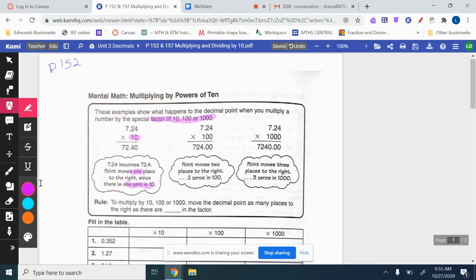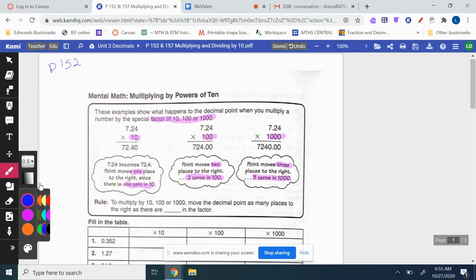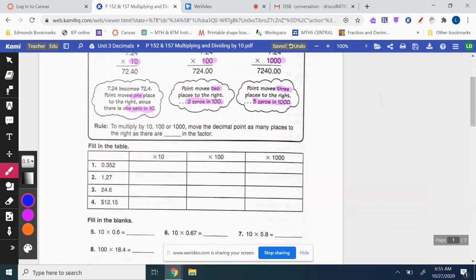Again, when we multiply by 100, the decimal moves two places to the right because there are 2 zeros in 100. And then if we multiply by 1,000, it moves 3 places because there are 3 zeros. So let's go ahead and try this out down below.